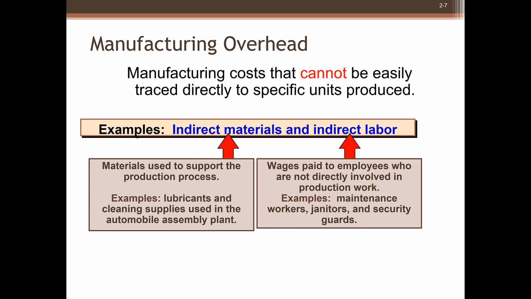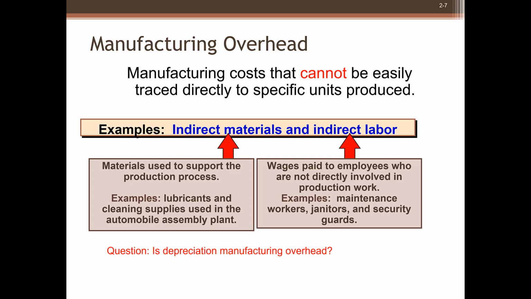Indirect labor costs include wages paid to employees who are not directly involved in production work, such as maintenance workers, janitors, or security guards. Other examples of manufacturing overhead include maintenance and repairs on production equipment, utility cost, property tax, and insurance on manufacturing facilities.